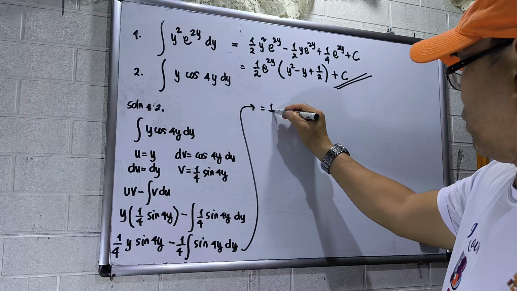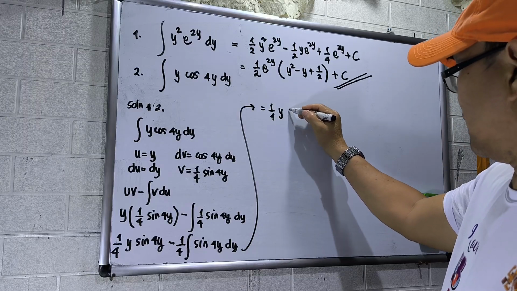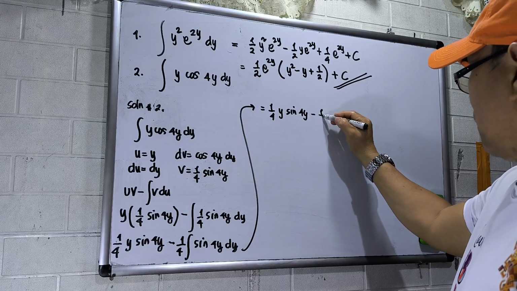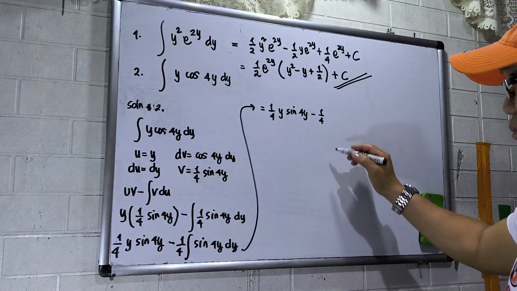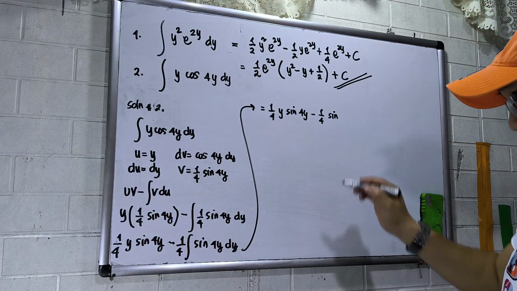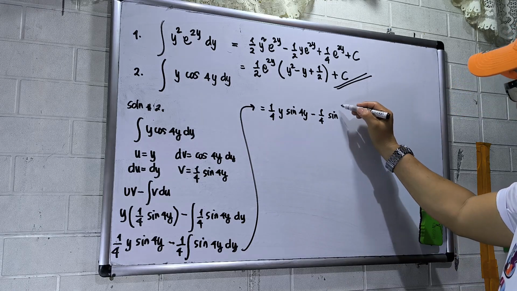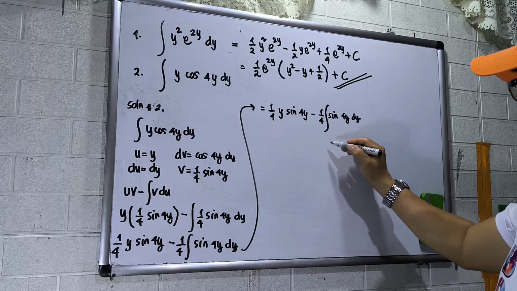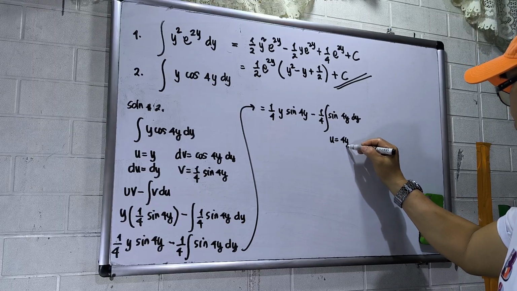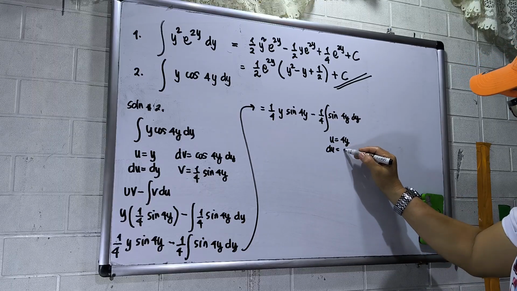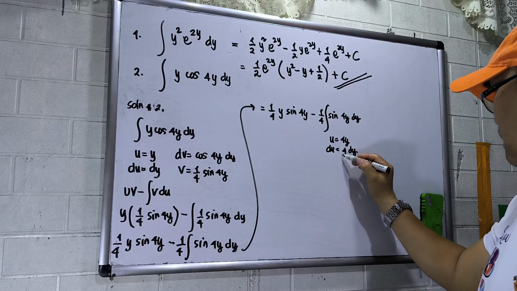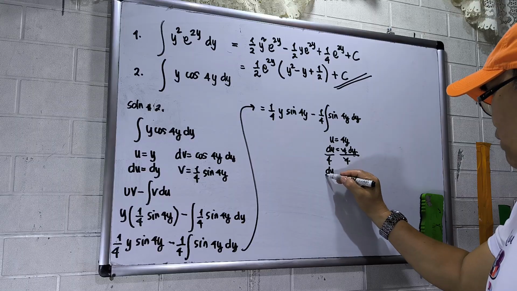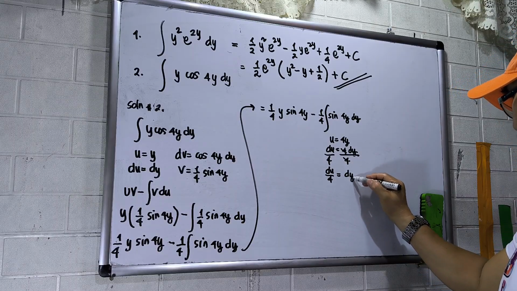So equal to 1/4 y sine 4y minus 1/4 integral sine 4y dy. Okay, so u will be 4y. du is 4 dy. Divide 4 both sides. 4 will be crossed out. So I have now du over 4 is equal to dy.